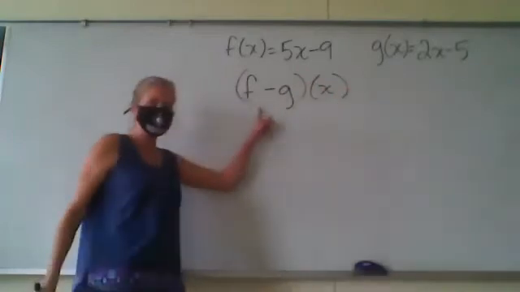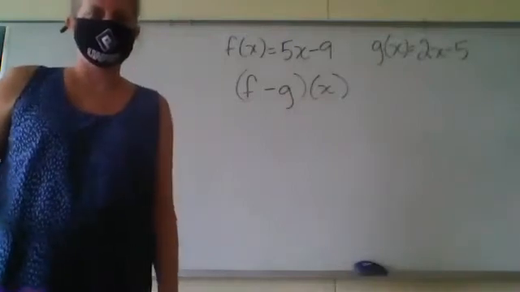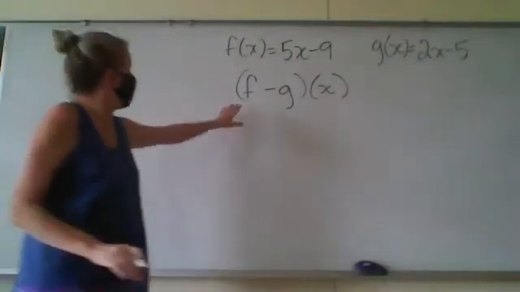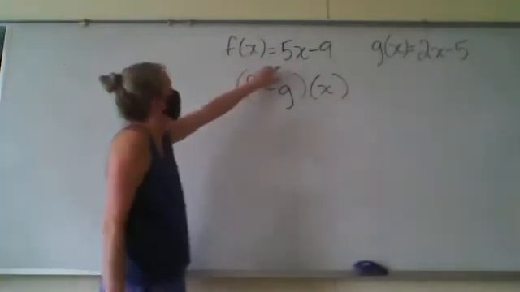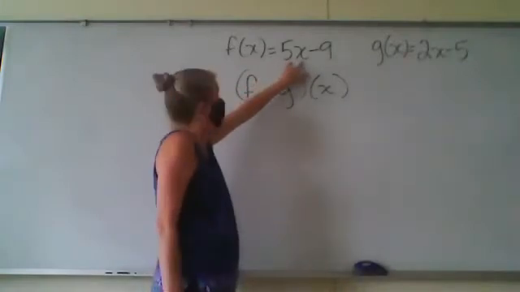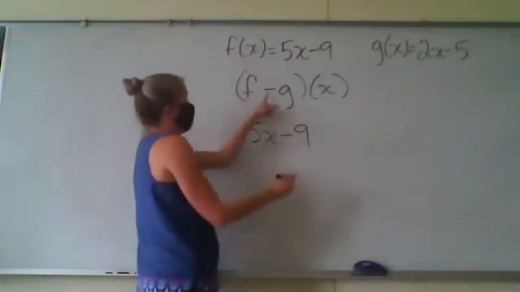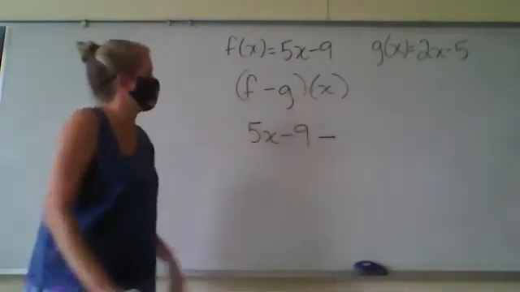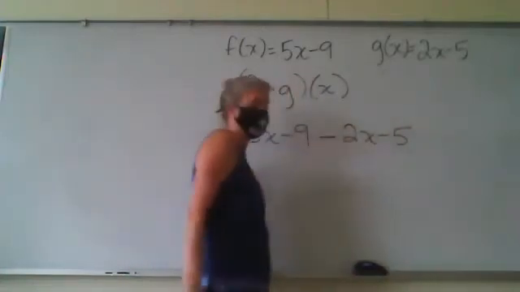Now, you need to be careful when you're subtracting. It's got a little kink in it. So what do I need to find first? I need to find my f of x function first. Well, f of x is just this, 5x minus 9. Now, I'm going to subtract the g of x function from that. So minus 2x minus 5.